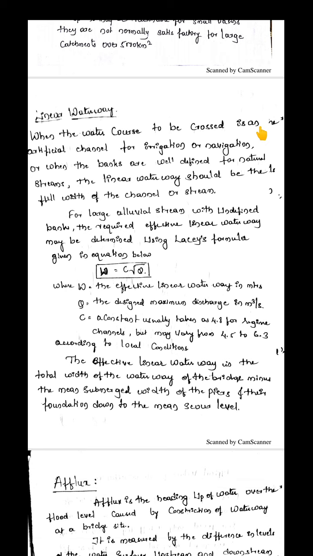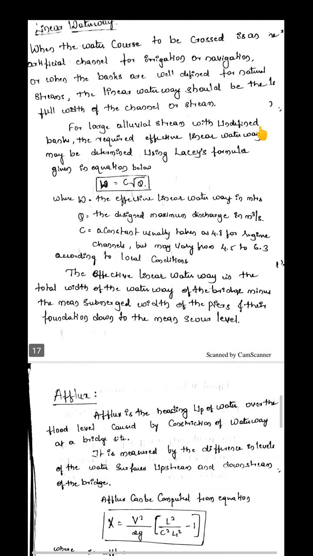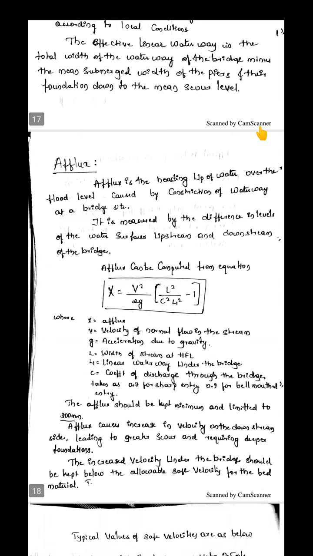Now we'll move to the afflux. What is afflux? Afflux is the heading up of water over the flood level caused by the construction of a waterway at the bridge site. The water is flowing at a high flood level. Suddenly, if any obstruction comes, the depth of the water is going to increase.